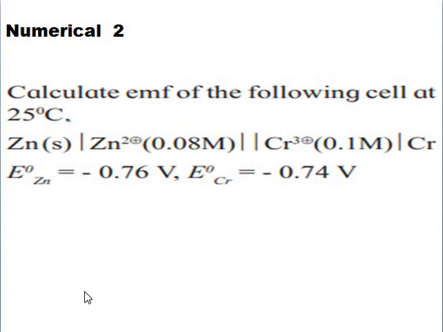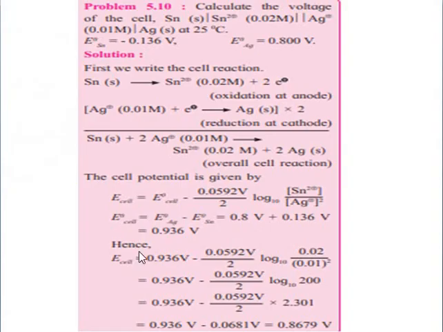This numerical is similar to the above example. In this case, the reduction and oxidation reactions are taken, then calculate the redox reaction, and after this we can substitute all these values in the Nernst equation. E cell equals E0 cell minus 0.0592 volt divided by 2 into log base 10 of Sn2 plus upon Ag plus square. This is the Nernst equation for this tin silver cell.